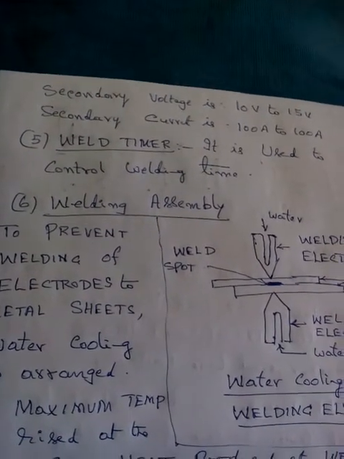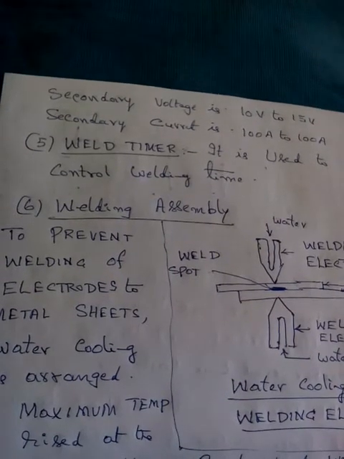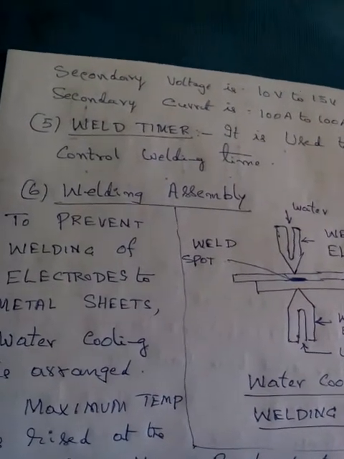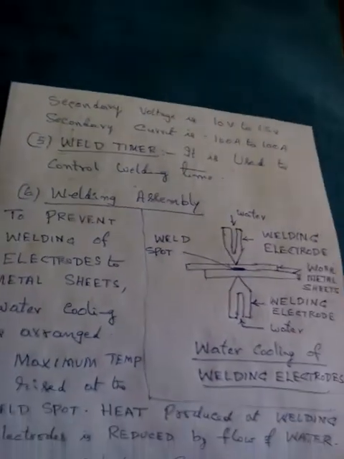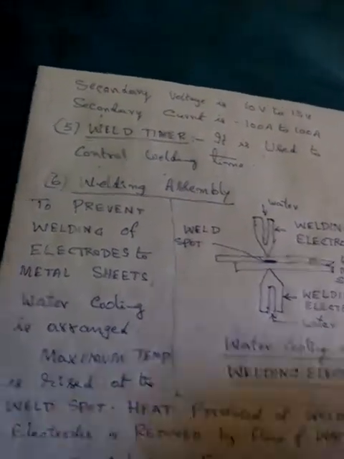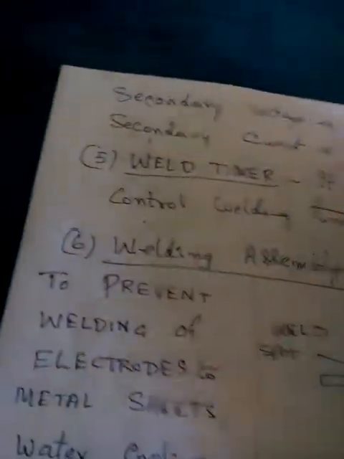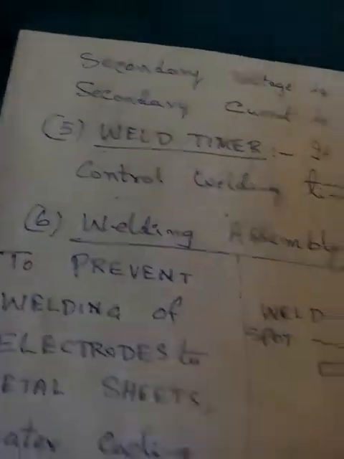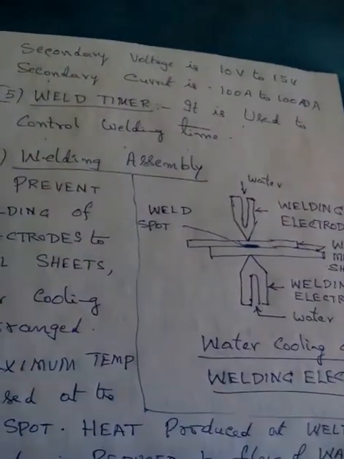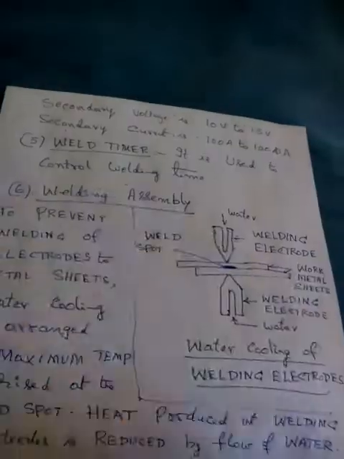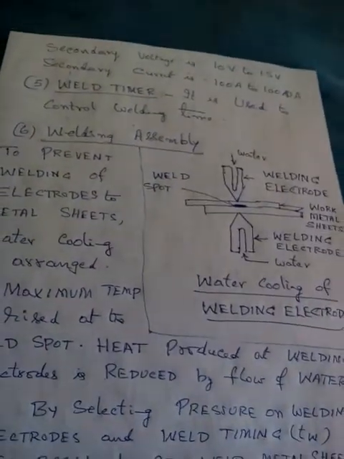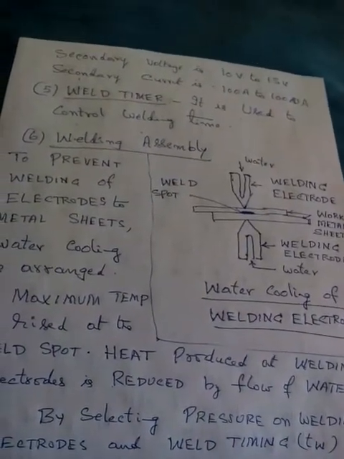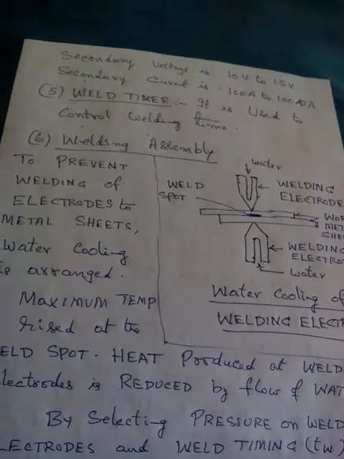Secondary current is 100 amperes to 1000 amperes. There is a correction here: it is not 100, it is 100 amperes to 1000 amperes. Weld timer, it is used to control welding time, TW.